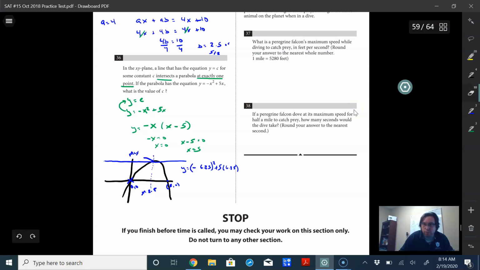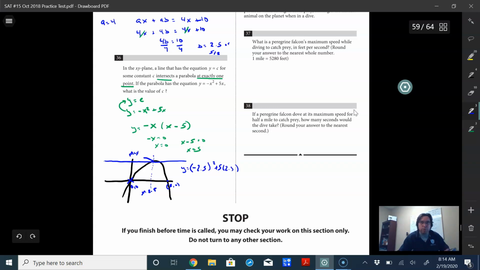Sorry, I'm thinking here. I think I'm multiplying. This should be 2.5 squared, and 5 times 2.5.